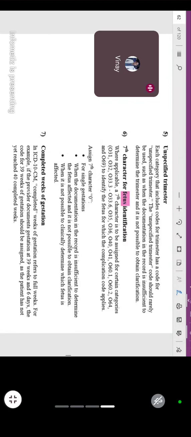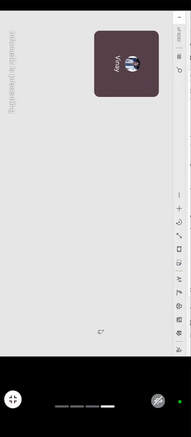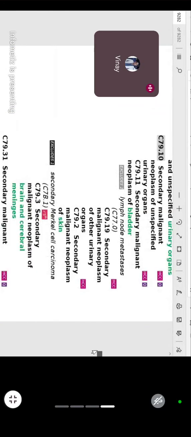So which fetus has the complication? For that, remember this one. This is very important now. We can use the seventh character as 0 when there is only a single fetus. I'll show you this code O31 so that you will see why I'm telling you this, we need to remember.